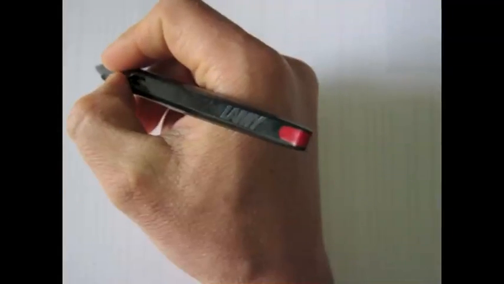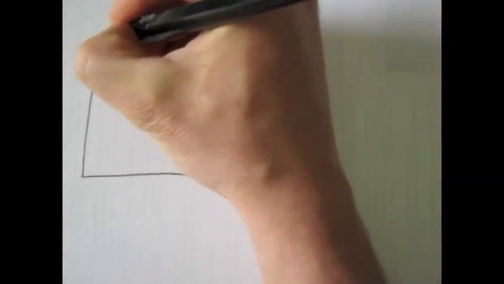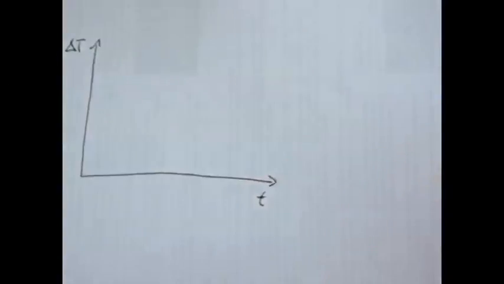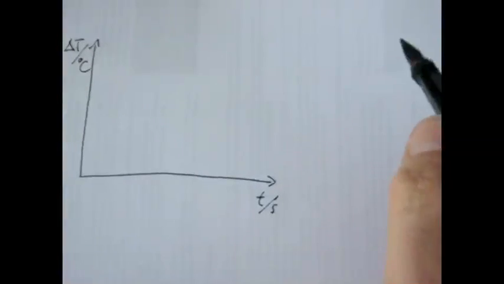So now you've collected your data and you've got a graph that looks pretty much like this. You have your time on here and you have your change in temperature here. The time will probably be in seconds, and say the change in temperature was in Kelvin.